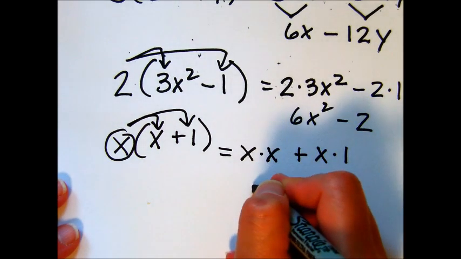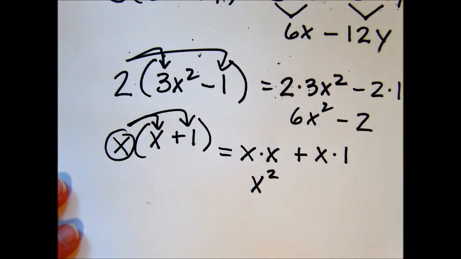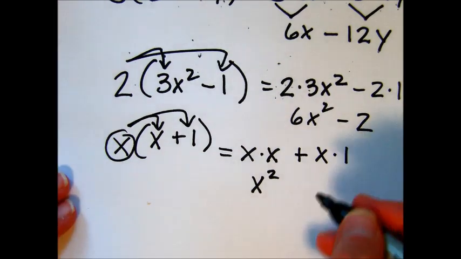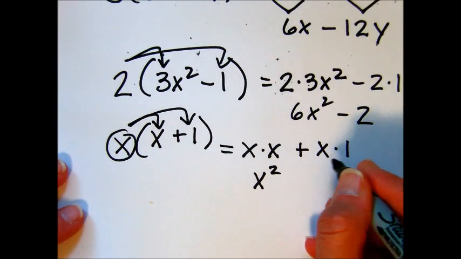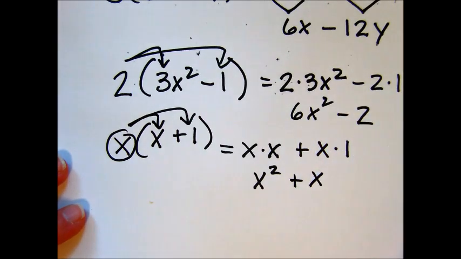That's going to be the same thing as x squared. Notice it's not 2x. When you're adding x's, like x plus x, then you would have 2x. But because you're multiplying the x's, you're going to have an exponent. So x squared plus 1x is the same thing as x. We don't normally write the 1.